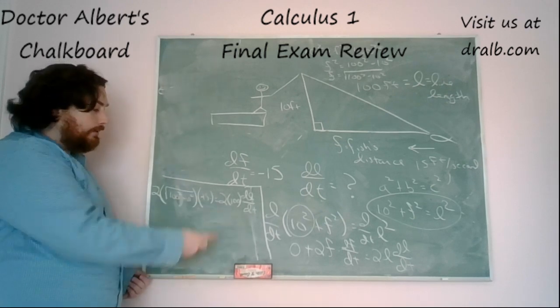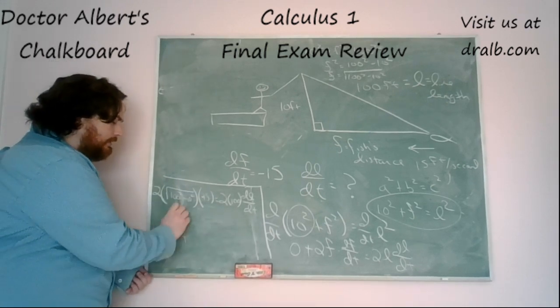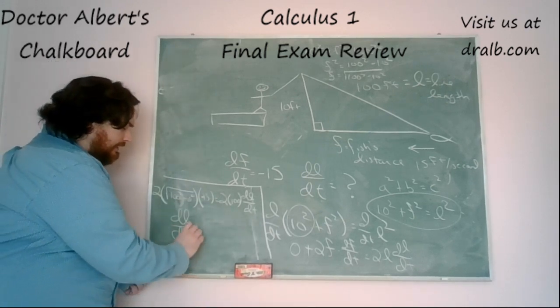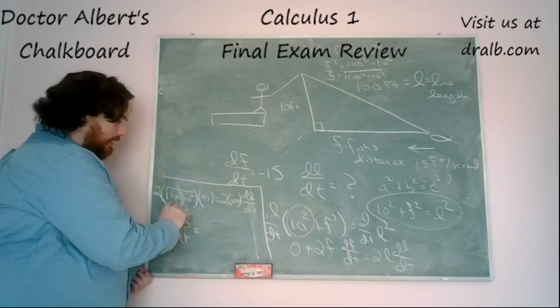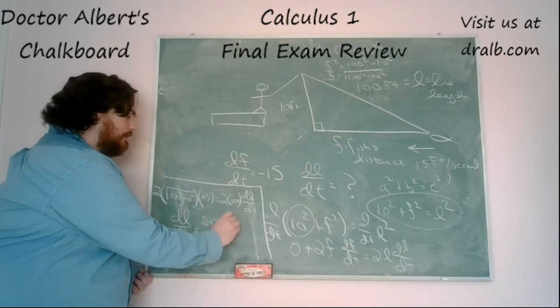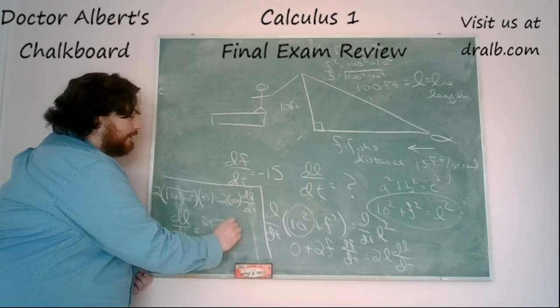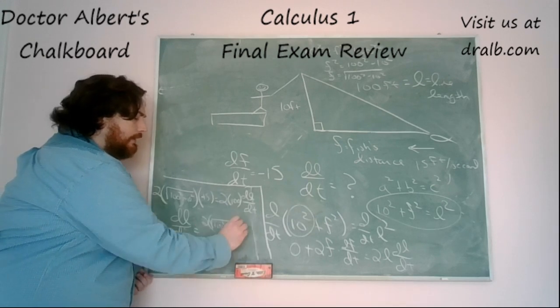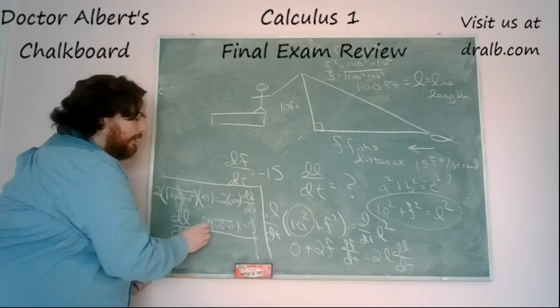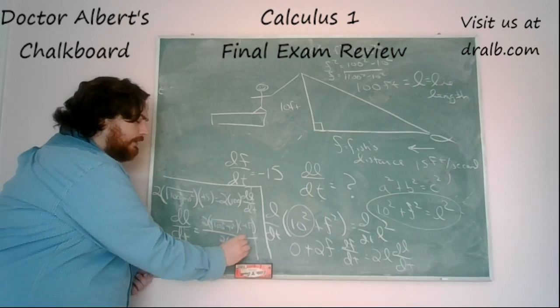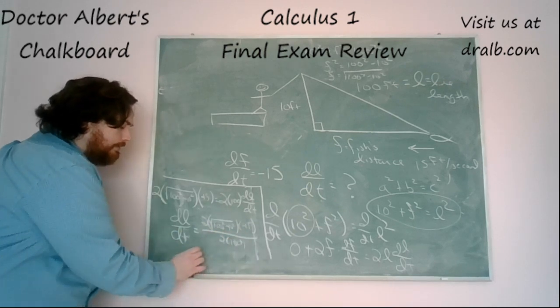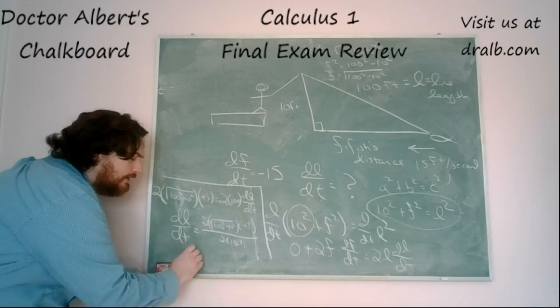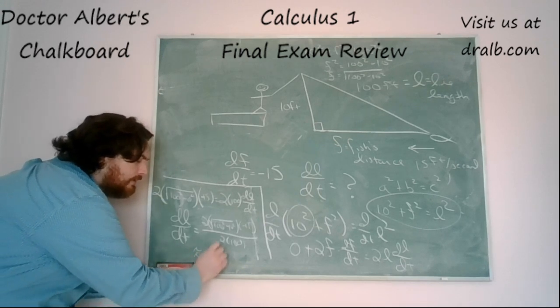So the last thing we would do is divide, and we get dL/dt is equal to, well, this 2 times the square root of 100 squared minus 10 squared times negative 15 divided by 2 times 100, which is going to be approximately negative 14.9.